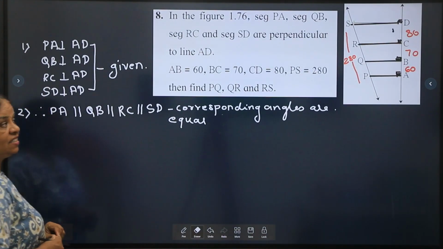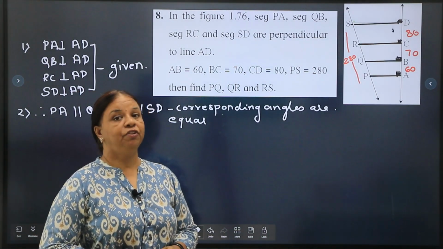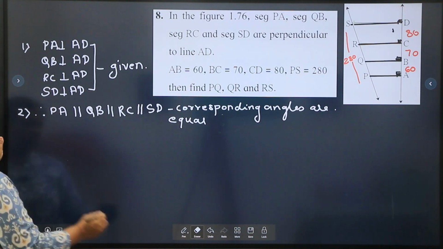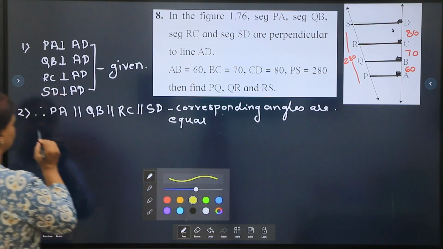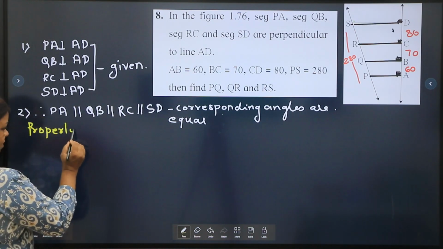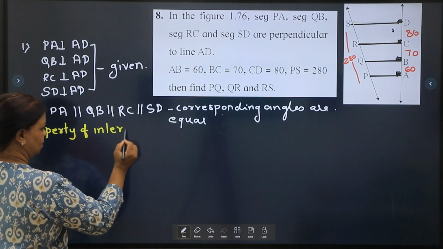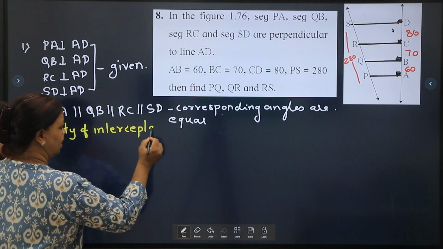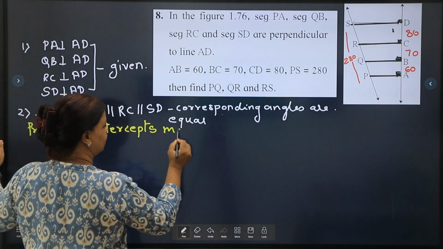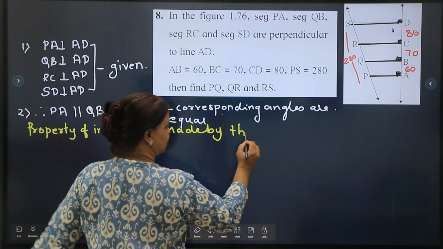Now children, as we have proved that the lines are parallel, we will use the property of intercepts made by three parallel lines.